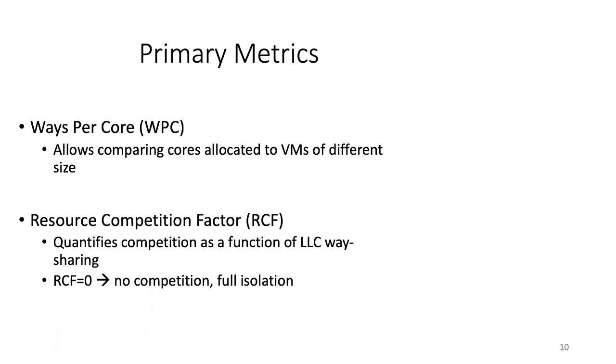It quantifies the competition as a function of LLC sharing. While the exact formula is in the paper, it captures how much pressure the LLC allocation of a VM is receiving from other VMs. Intuitively, if RCF is 0 or close to 0, it means that you have a very good degree of isolation. And as RCF goes to 1, it means that your LLC share is under more pressure from the co-tenants.